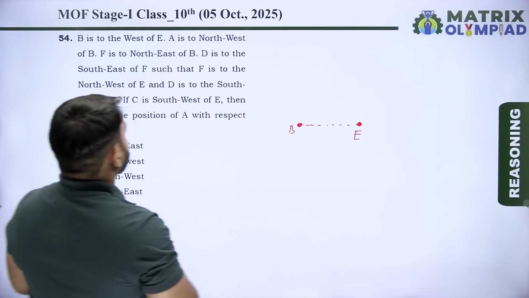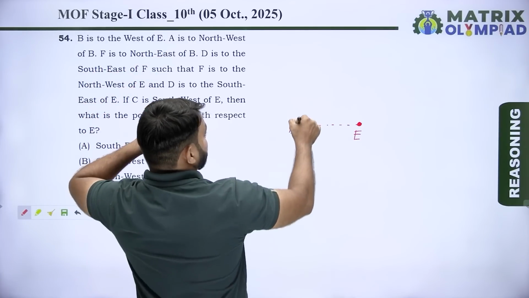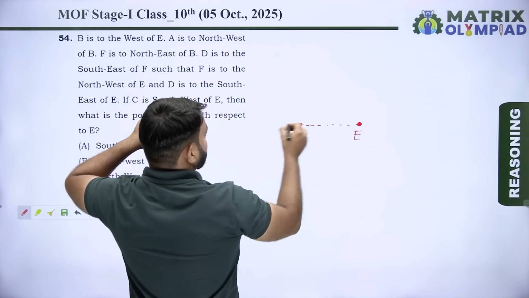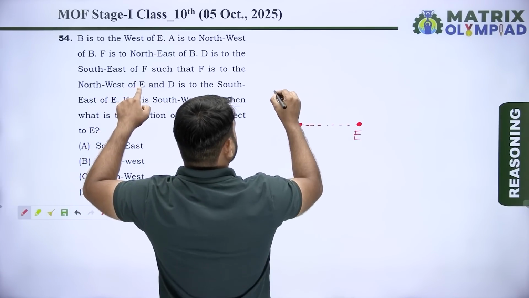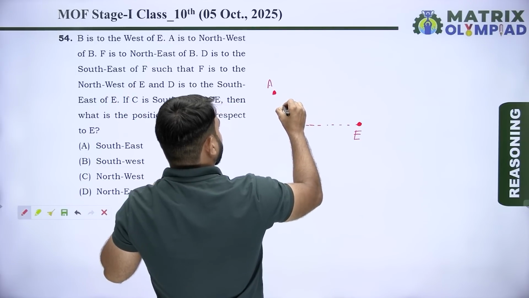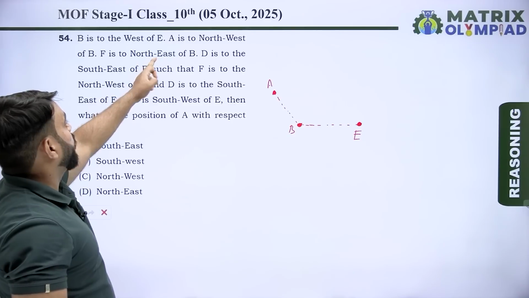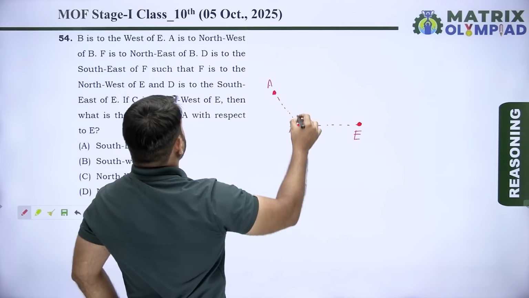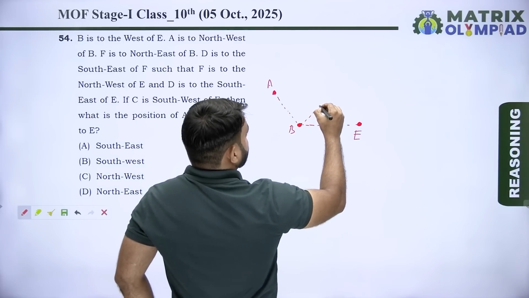Now A is to the northwest of B. This is the north and this is the west of B. So here is A. A is to the northwest of B. F is to the northeast. This is the north and this is the east of B, so this is northeast.